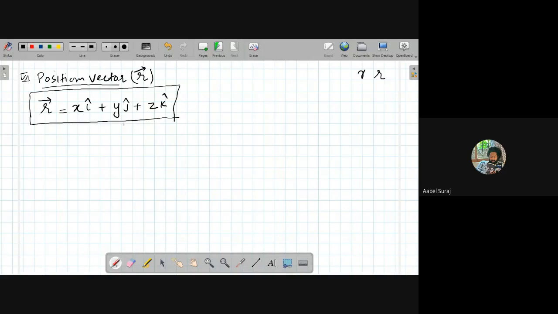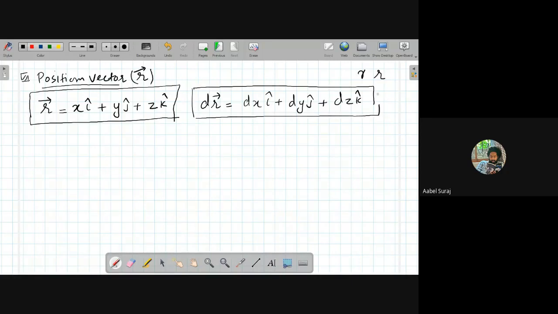Now, what is the differentiation of position vector? dr, d vector r, is equal to dx i cap plus dy j cap plus dz k cap. We'll discuss this in more detail in electrodynamics, because this dr is very important. It's the differential position vector, denoting a very slight change in the position of a particular thing.